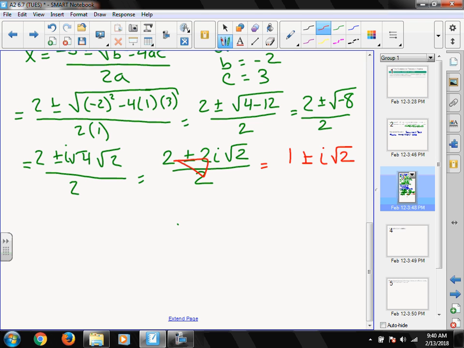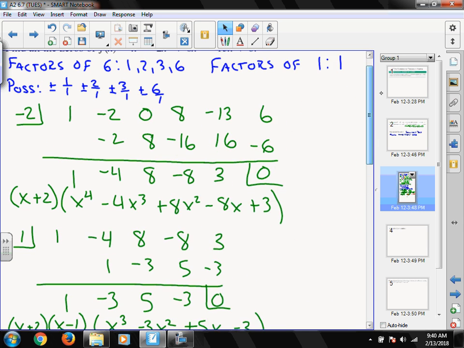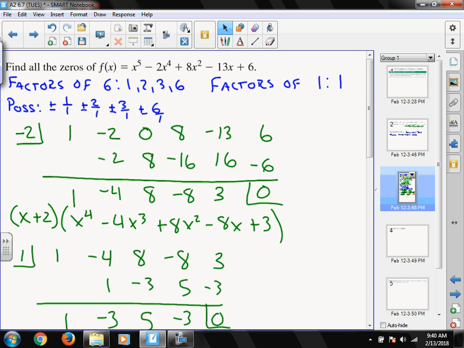Yes? So what if we would have started off different, if it's negative 2, and if I started with a 1? Would have ended up in the same place. So your numbers throughout the process would have changed, but you still would have gone through the same process.